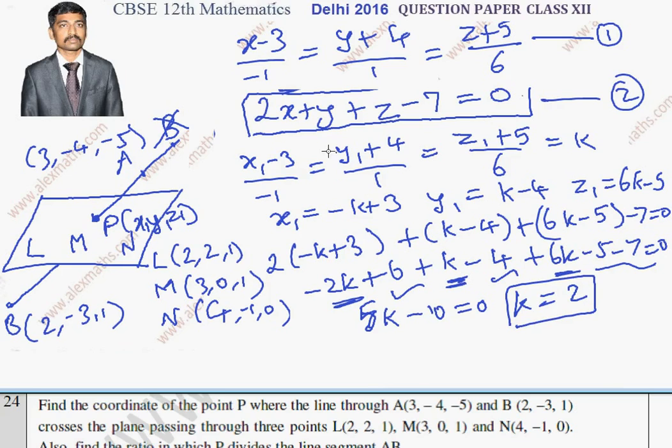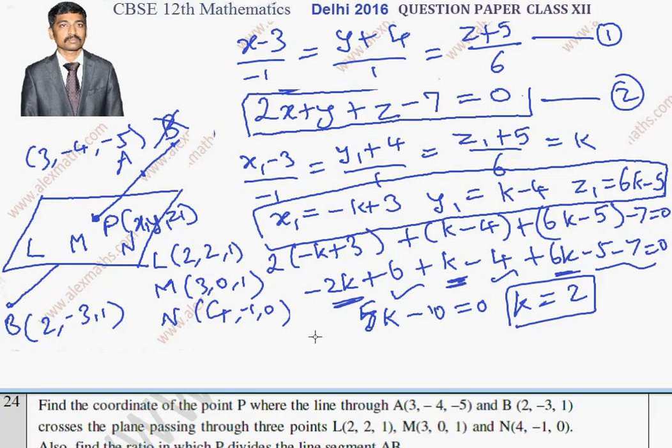If I substitute k value 2 in this set of points, that will be the meeting point of the line and the plane. So x1 is going to be 1, y1 is going to be minus 2, and z1 is going to be 7. So 1, minus 2, 7.